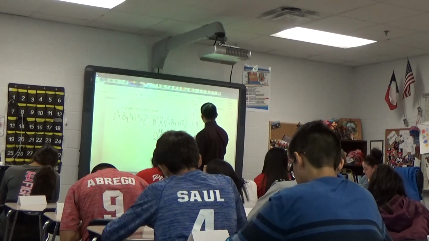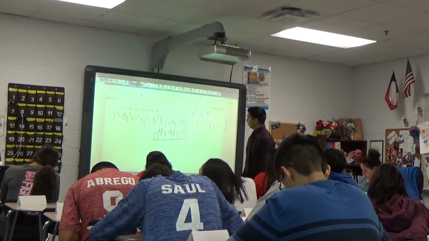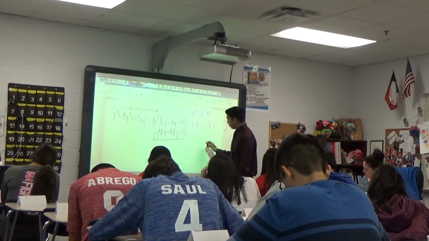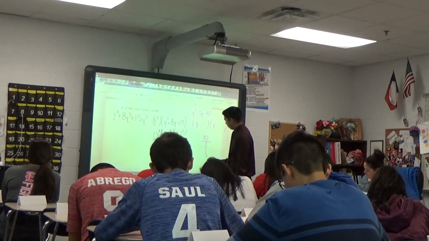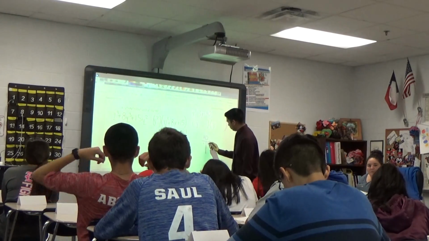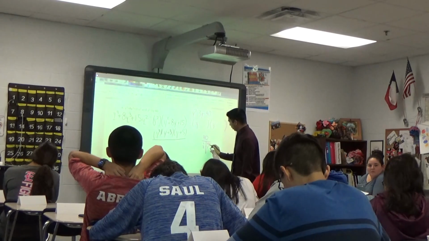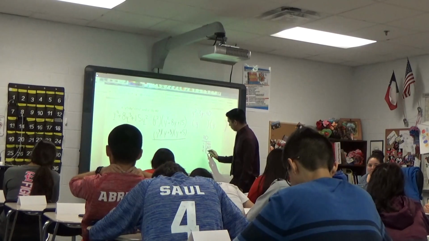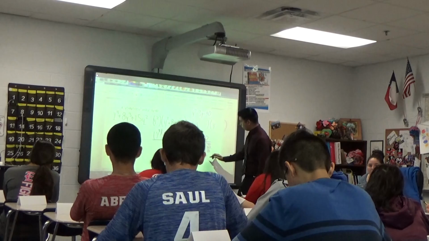y times y. Okay? Negative 40. We know that the factors of 40, long and numerous, we have 1, 40, 2, and 20. We got 4 and 10. We have 5 and what? 8.